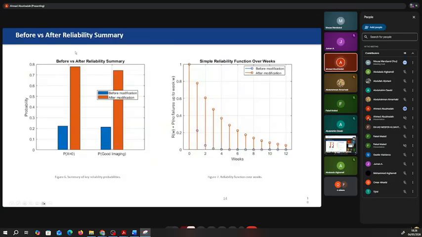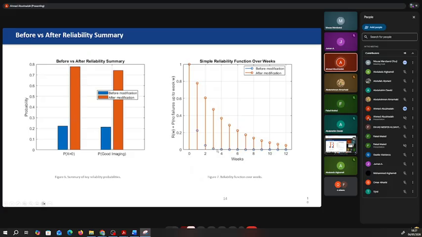And also in the before and after reliability summary, we can see the probability of good imaging before and after modification. We have a high probability of having 0 failures and better image quality. We can see here how the system is more reliable, with a high probability of 0 failures after the modification during the entire time.